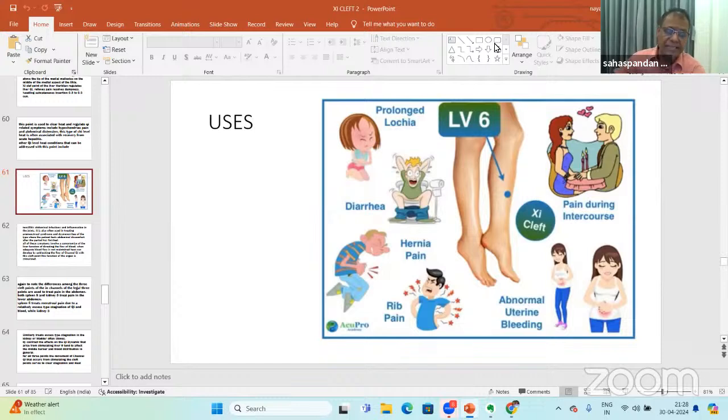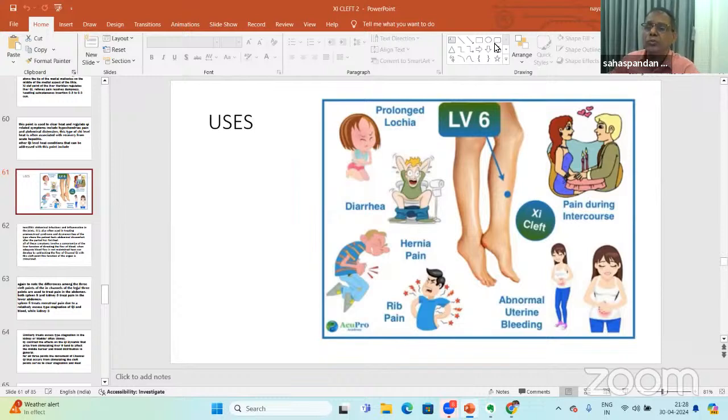Now, kidney 9. Kidney 9 is on the medial part of the leg. This is the medial part of the lower leg, 5 cun directly above kidney 3.